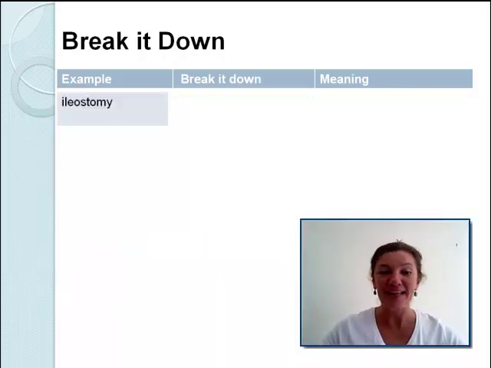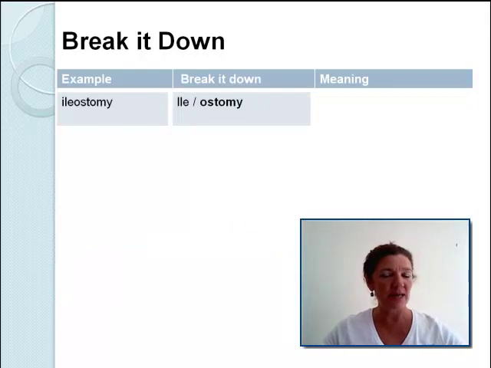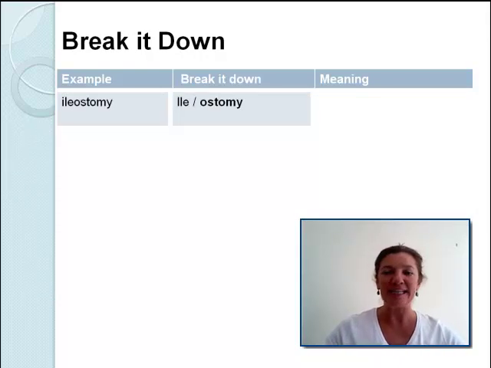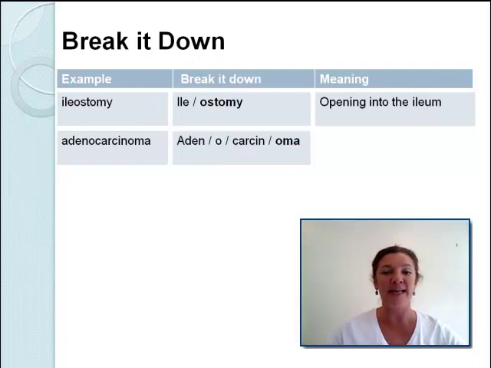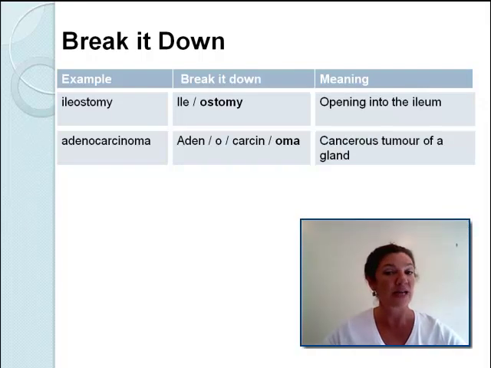Our next term, ileostomy. Ostomy, we know, means opening, and ile relates to the ileum, the last part of the small intestine. So it's an opening into the ileum. Adenocarcinoma, let's put the brakes in. Aden or adeno, carcin, oma. Oma is the tumour or the swelling, carcin relates to cancer, and aden is gland. So we have a cancerous tumour of a gland.